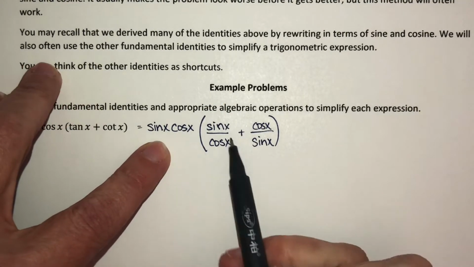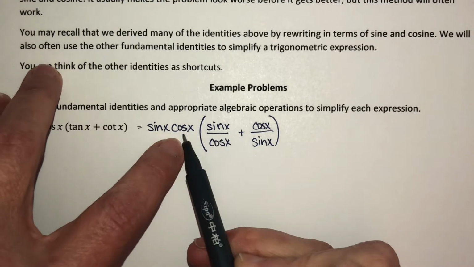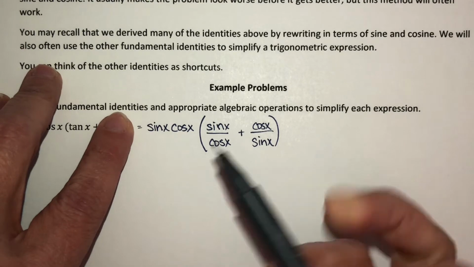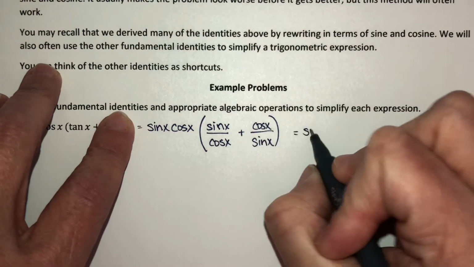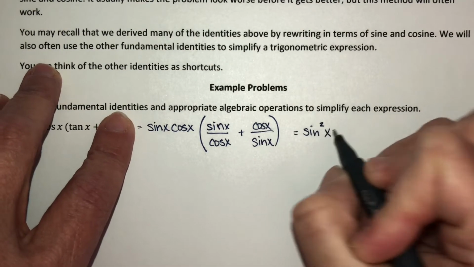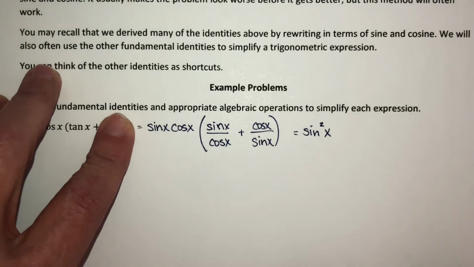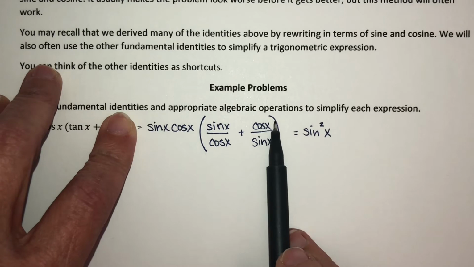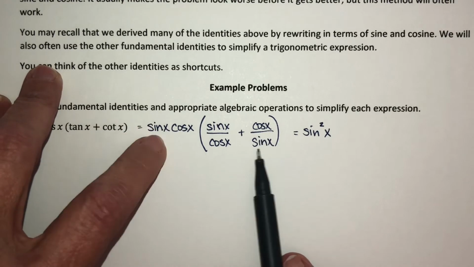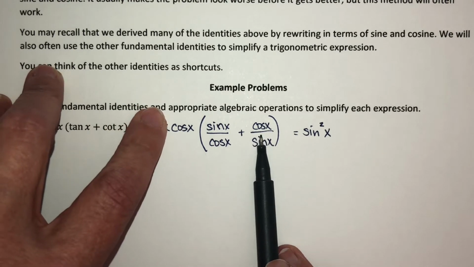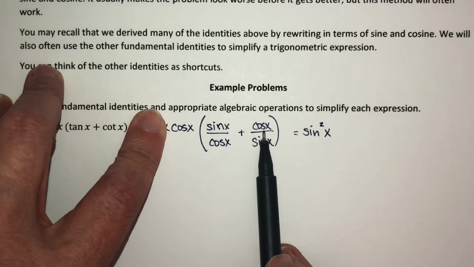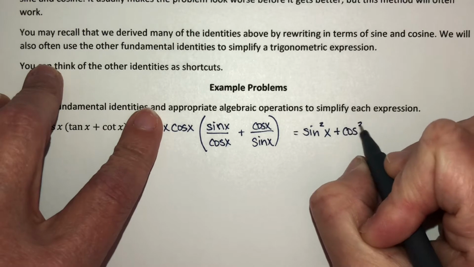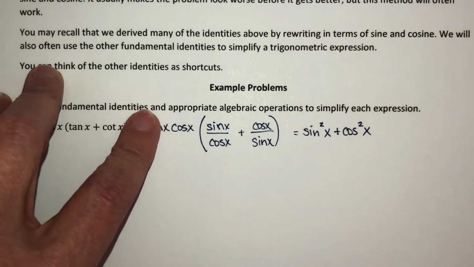If I multiply this times this first fraction, cosines are going to cancel out, and I'll have sine x times sine x, which is sine squared of x. Now distribute here, sine x cosine x times cosine x over sine x. The sines are going to cancel out. I'll have cosine x times cosine x. So this is plus cosine squared of x.